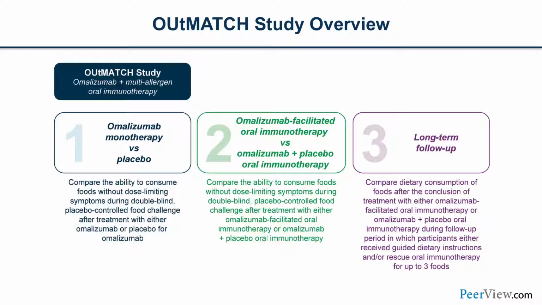So this will give us information on how patients may be managed in the long term. And we really believe that patients will sort into different groups, where one group may do fine with the Omalizumab alone. Another may really benefit from the OIT, especially if it is facilitated by the Omalizumab.